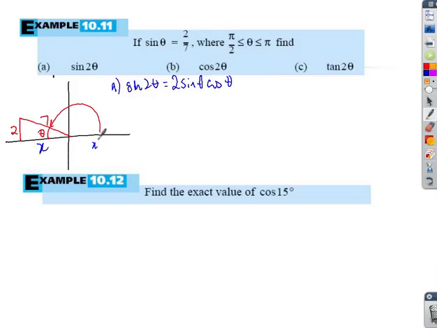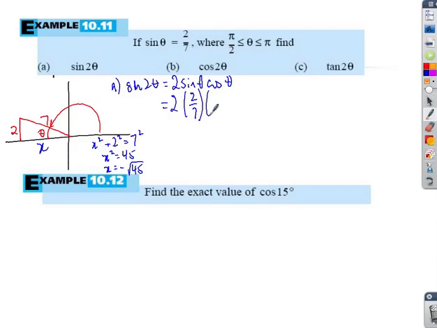So again, we use Pythagorean theorem: x squared plus 2 squared is equal to 7 squared. So x squared is equal to 49 minus 4, so 45. So x is equal to the negative root of 45, okay? So now we put those values into the identity. So sine theta, again, given, is 2/7.